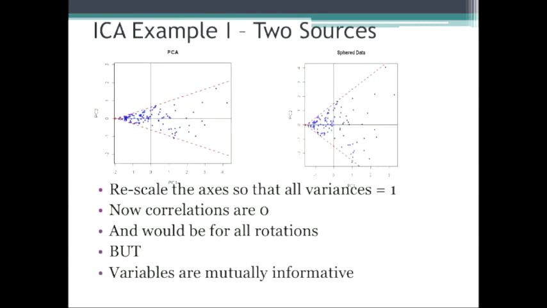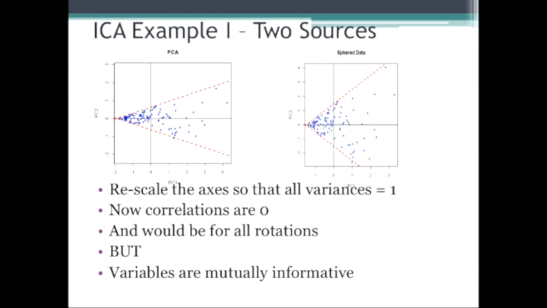So what ICA does is it starts where PCA leaves off, and says, okay, first, we're not interested in the scale. We don't care, we throw away the scale information. So we're going to squash this long axis until it's the same scale as the shorter axis, and if you have it in higher dimensions, it basically means making all the axes the same length. And that makes the correlation 0.